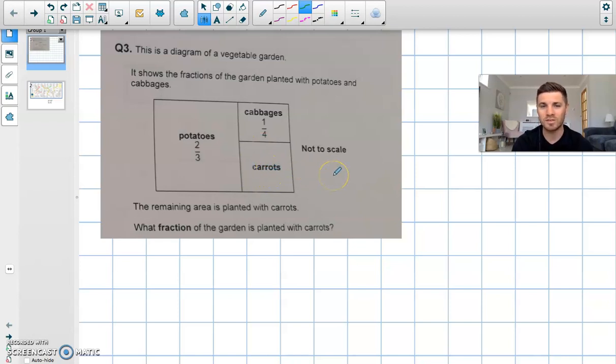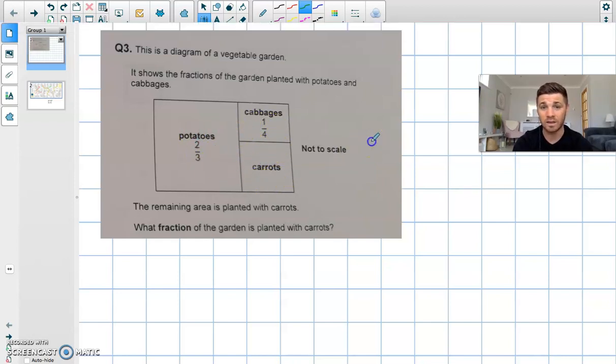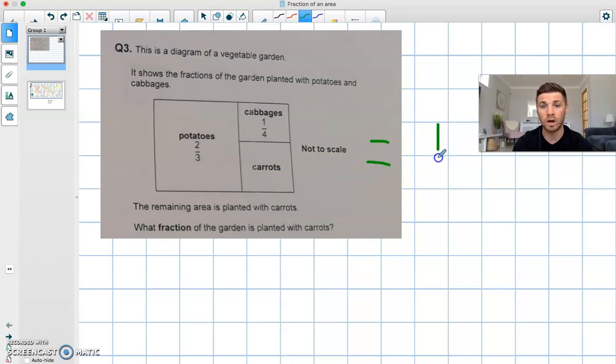Now, what you must note is that this diagram is not to scale. So that means it's not drawn accurately, and that's thrown a lot of children off. You need to know and remember that all three fractions need to add together to equal one whole.